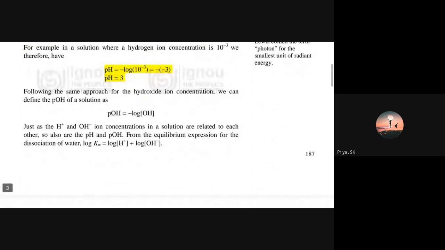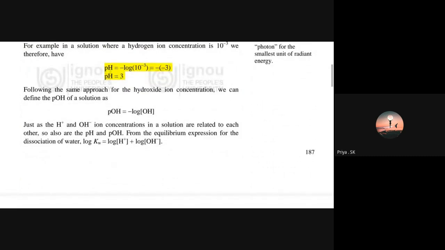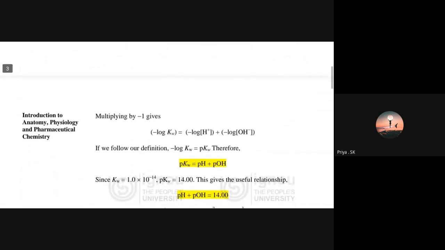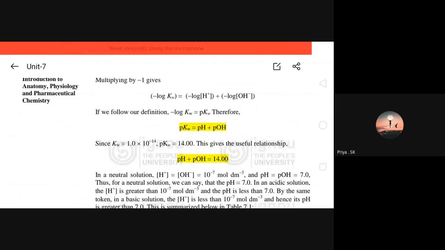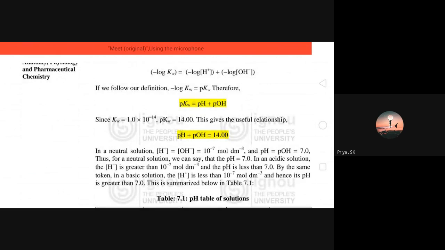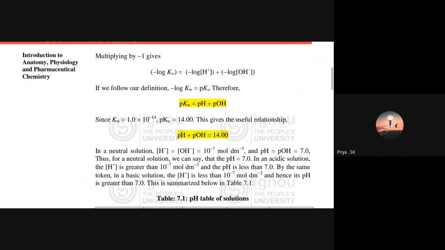So log Kw, from the equilibrium expression for the dissociation of water, log Kw is equal to log H plus plus log OH minus. Or we can say from this definition that pKw, that is the dissociation constant for water, is pH plus pOH.